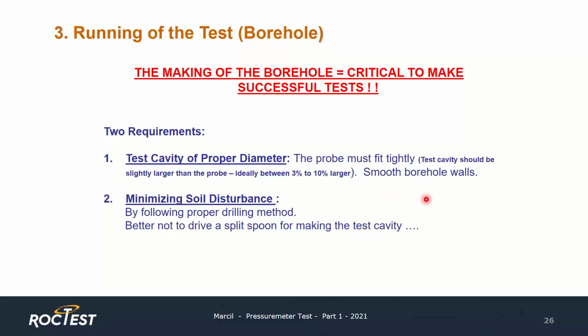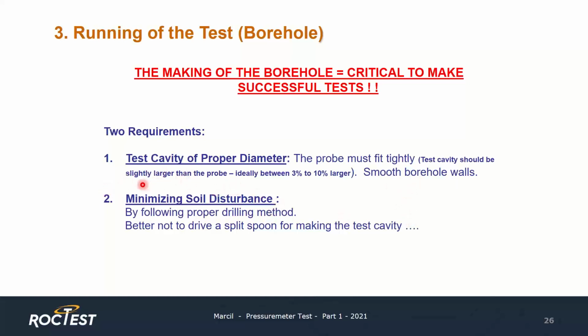So for an N-size probe, that is 74 millimeters, it means that the borehole should be between about 76 to 81, 82 millimeters. So you see that there is not much tolerance. Also, the borehole walls should be smooth, so there shouldn't be too many voids.